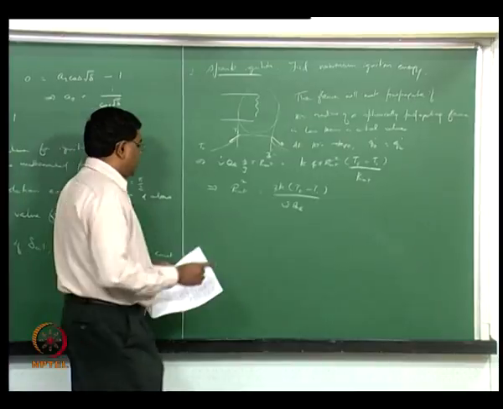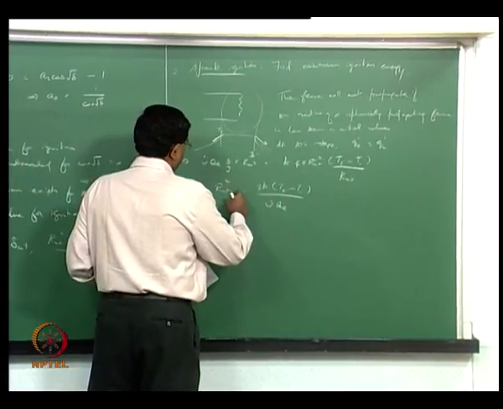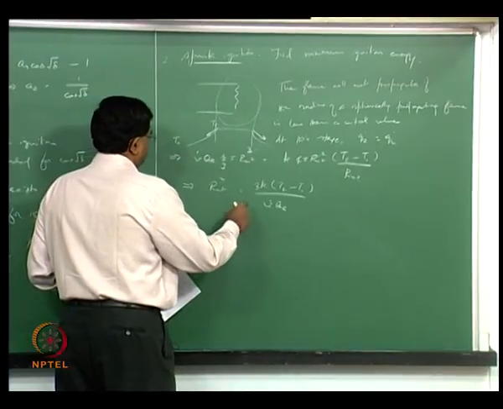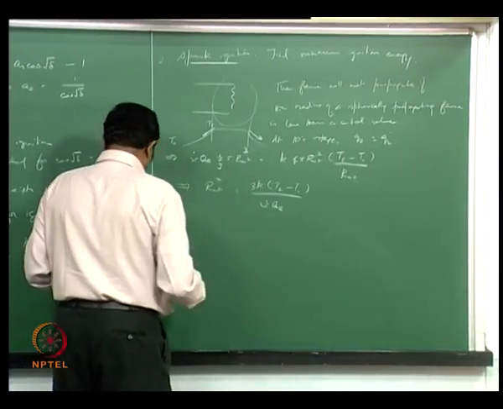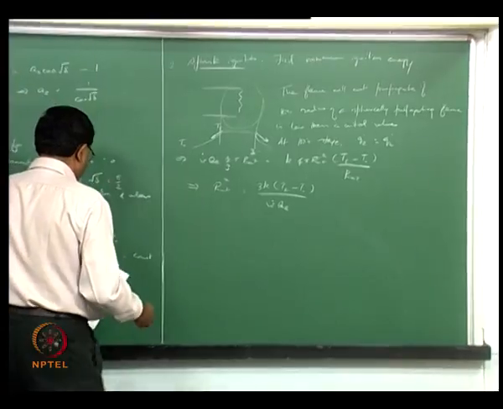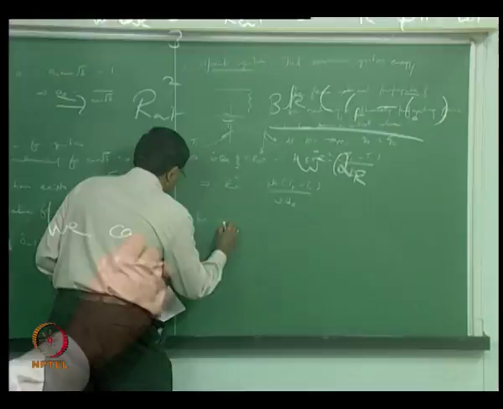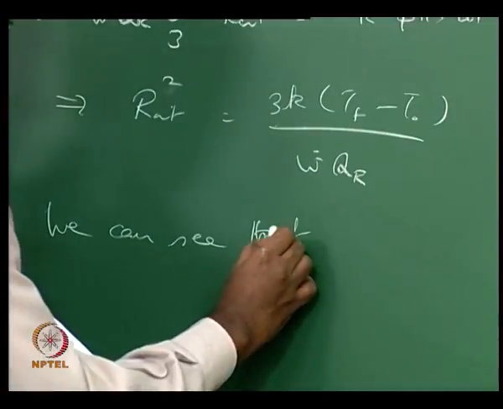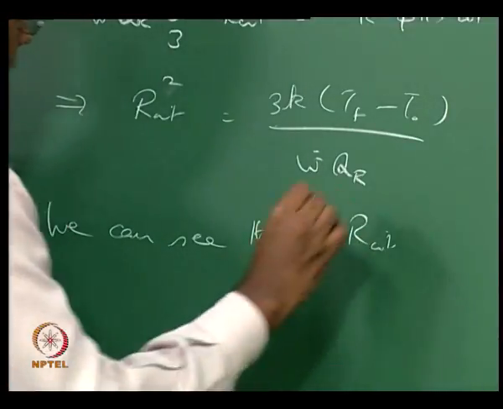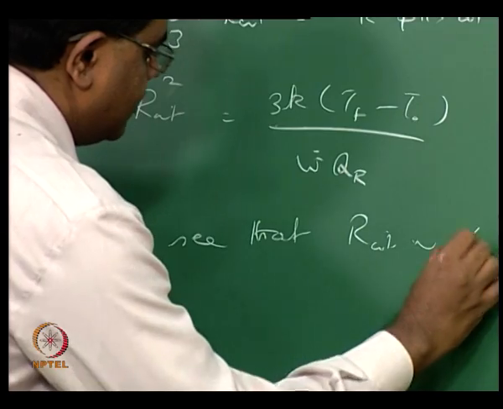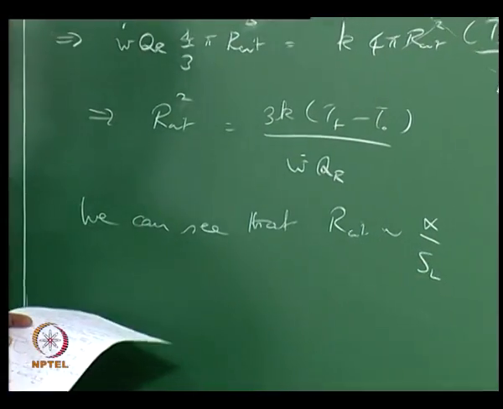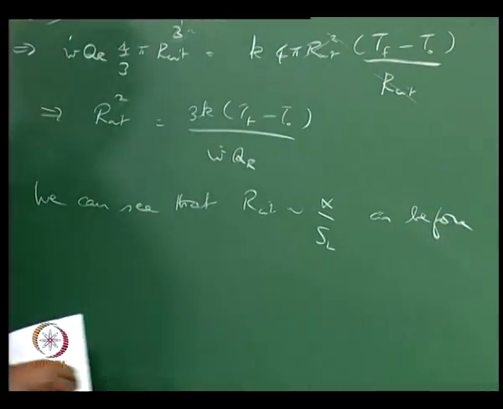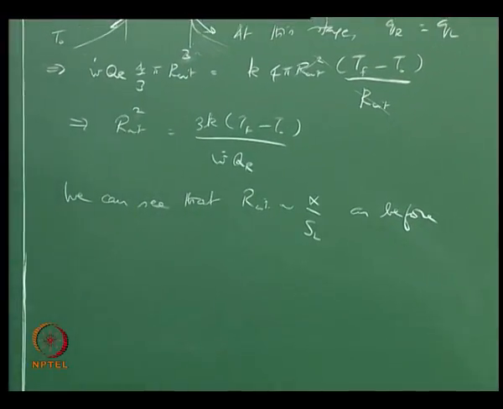So if you now think about r crit squared going as alpha divided by W dot, and S_L squared going as alpha W dot, then you can directly see that r crit goes as alpha over S_L, as before. As before is during quenching, right.